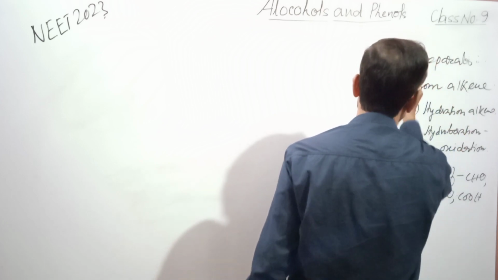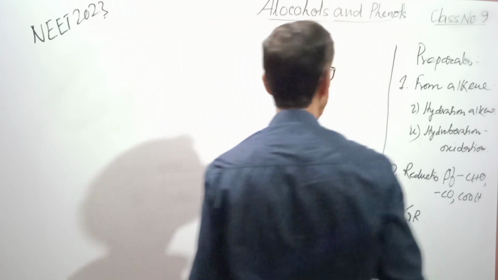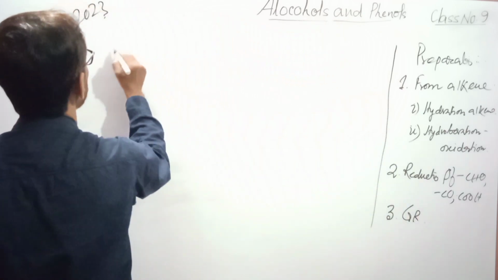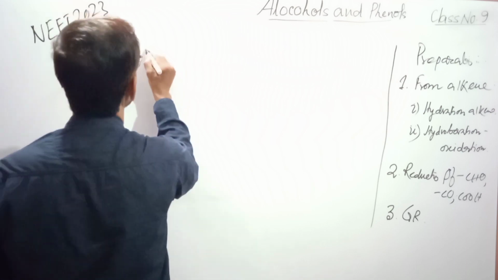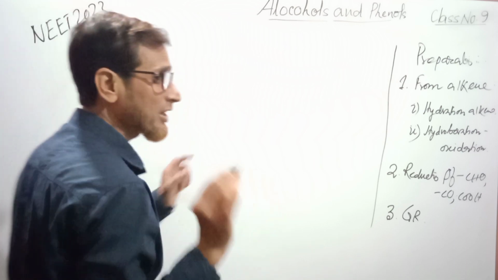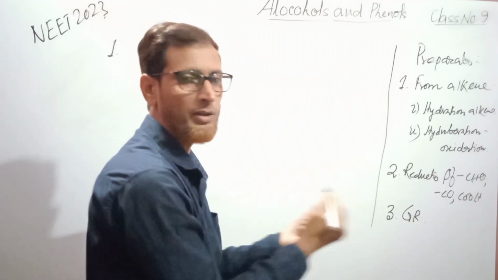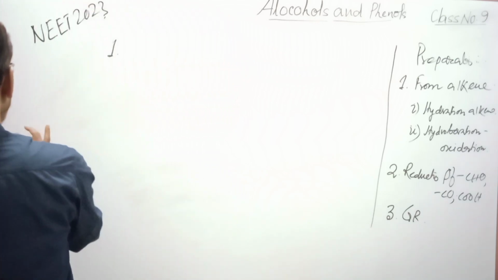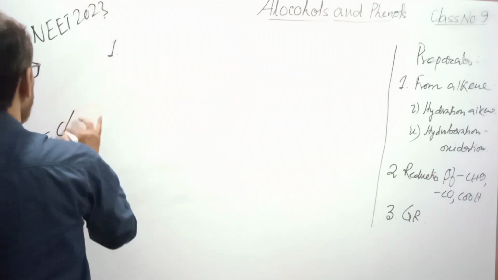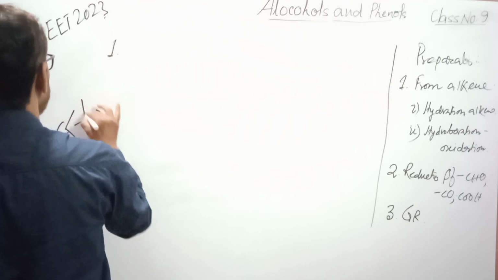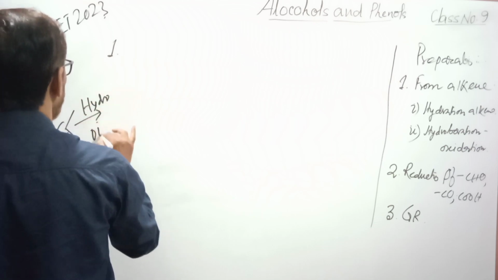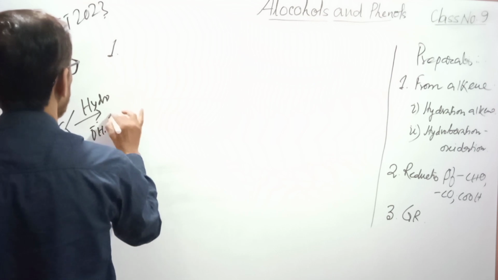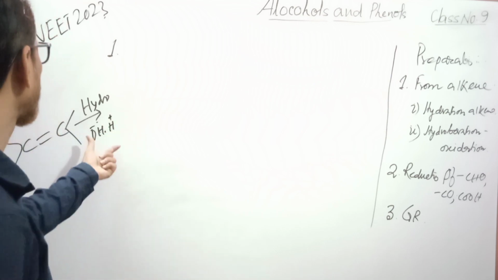Just to show you the beauty of chemistry, you follow me from alkene. You take one alkene. A bit earlier I told you, if you recall, go back to my chapter, I wrote hydrolysis, and I told you hydrolysis means water breaks into two parts, H and OH.